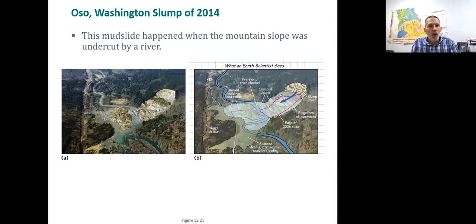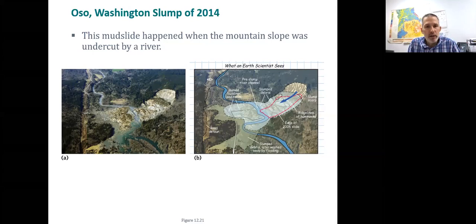In the spring, we have heavier rainfall, and so particularly in mountainous regions, spring can be very, very deadly in terms of mass wasting events. These mass wasting events, in this case, in 2014, in Oso, Washington, what happened was heavy rainfall and the ground thawing out as a result of spring warming.